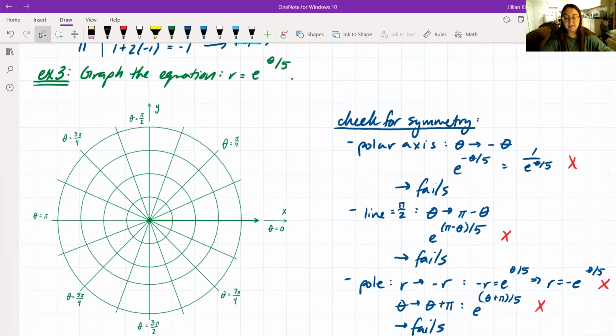Since we have r is equal to e to the power of theta over 5, e will never be equal to 0. It's an exponential function and it's a property of it.